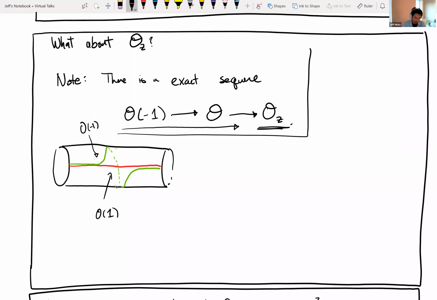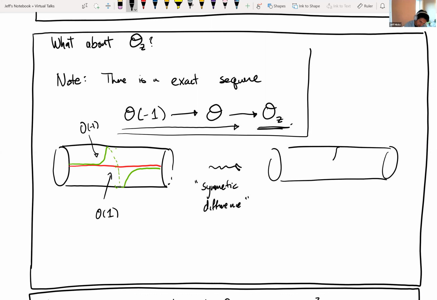And you notice that if you take the symmetric difference between the red and the green Lagrangian, you get an SYZ fiber of your fibration.